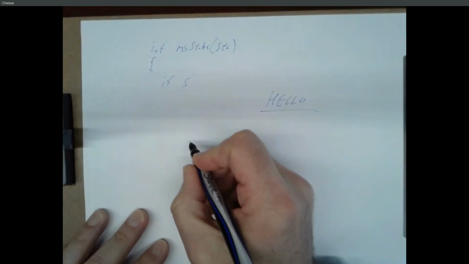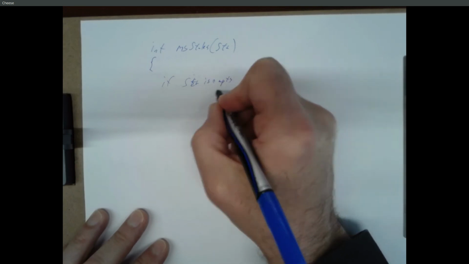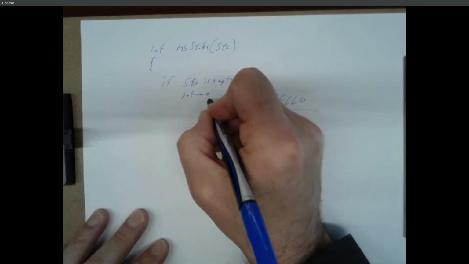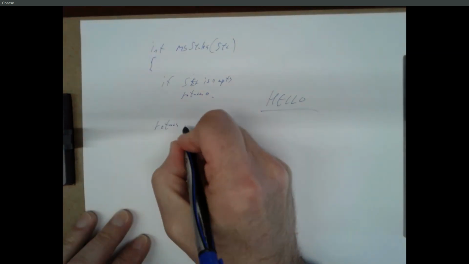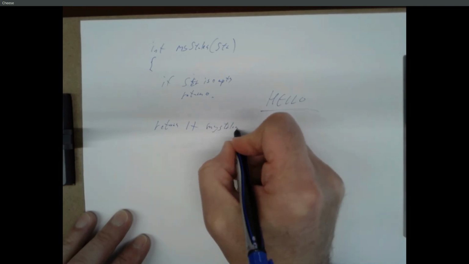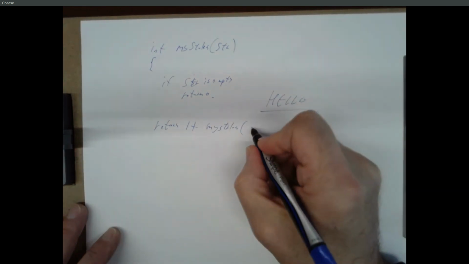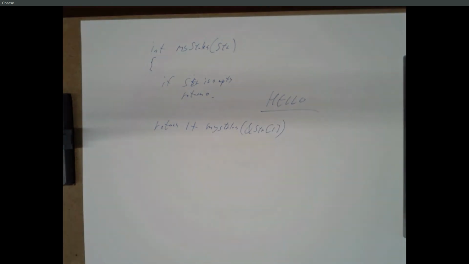So this takes some string. If string is empty, return 0. Otherwise, return 1 plus the string length of the address of the first character, right? So take a substring.